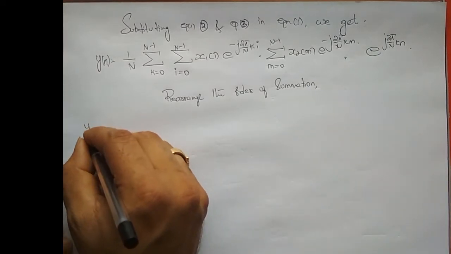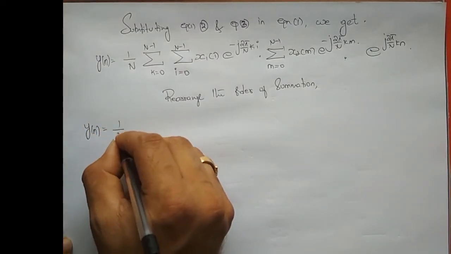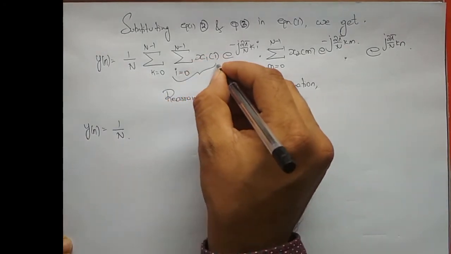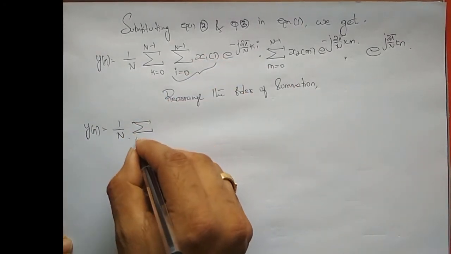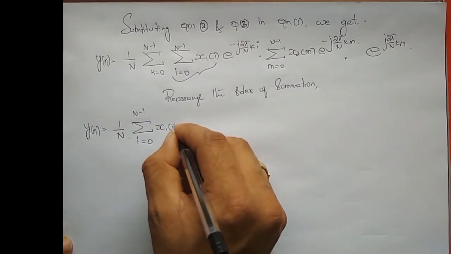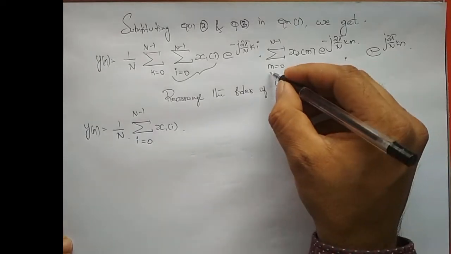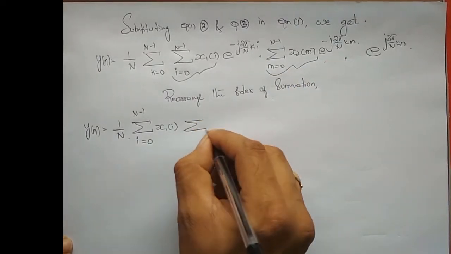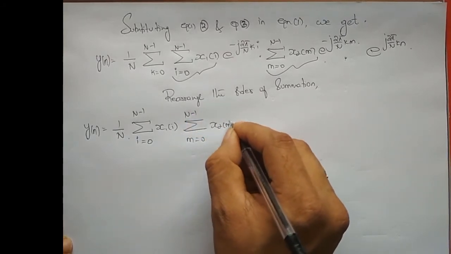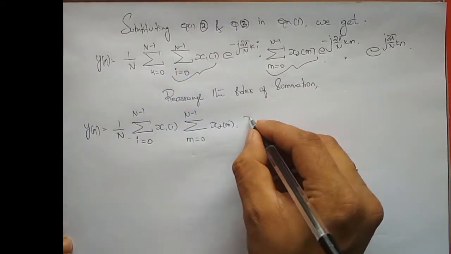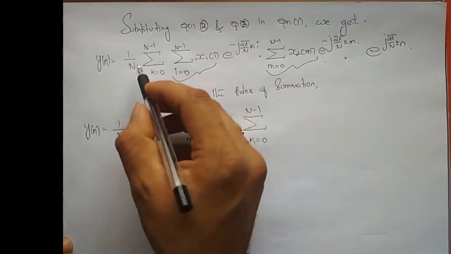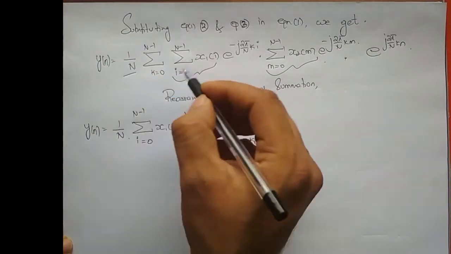So y of n is equal to 1 by N into, I'll write first these two terms: summation i varying from 0 to N minus 1 x1 of i, and next, summation m varying from 0 to N minus 1 x2 of m. Now the left out term is summation k varying from 0 to N minus 1. So I'm done with this.